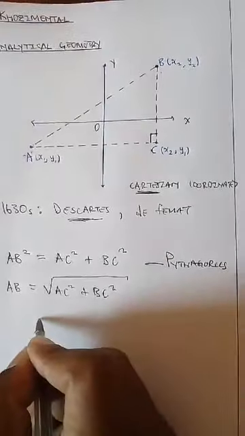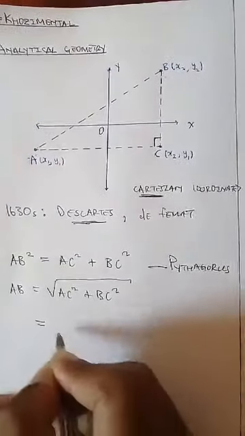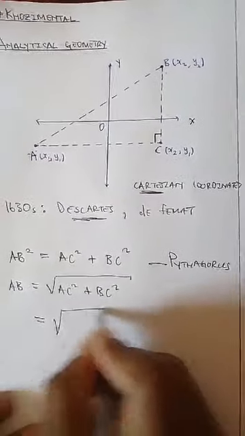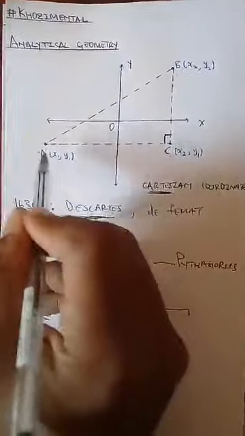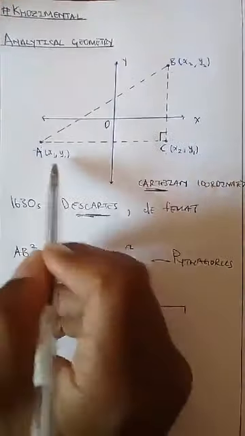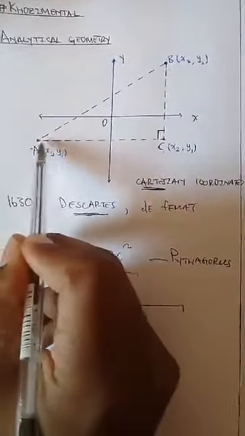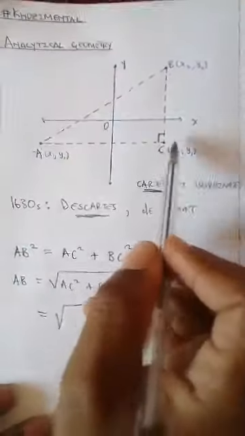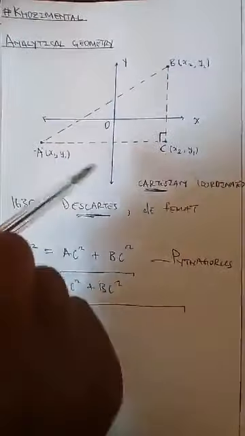And if you observe, you will see AC squared. How can we express this line segment AC, the distance from A to C? You can see that this is on the horizontal axis.